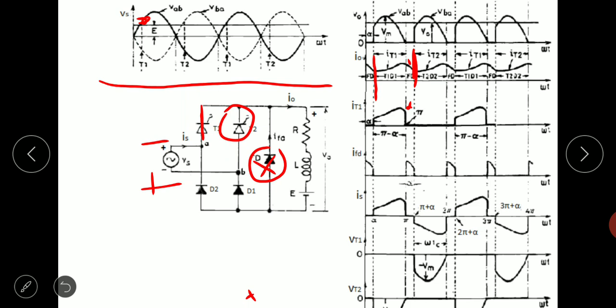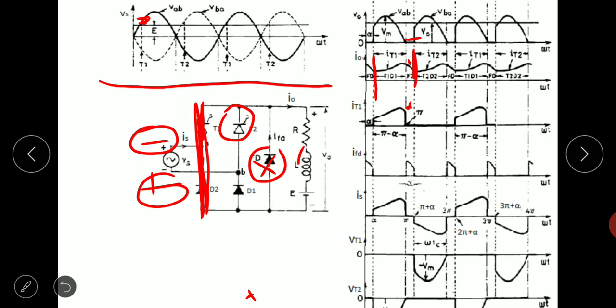And if T1 is continuing to conduct, because of this changed polarity, diode D2 gets forward biased. Instead of diode D1, now diode D2 gets forward biased. So this whole leg consisting of thyristor T1 and diode D2 gets short circuited. Since the leg gets short circuited, the load voltage V0 becomes 0. You will see that there is no voltage in this case.